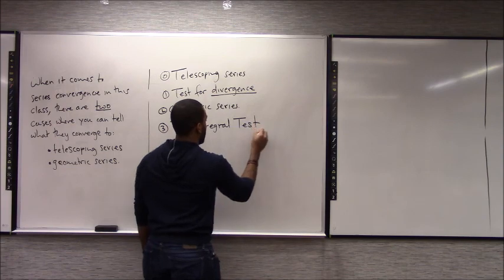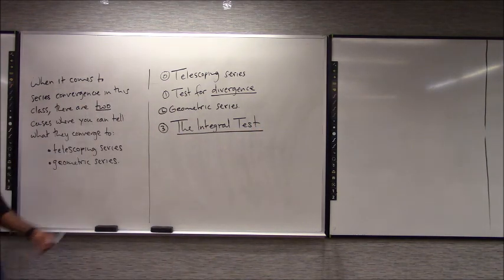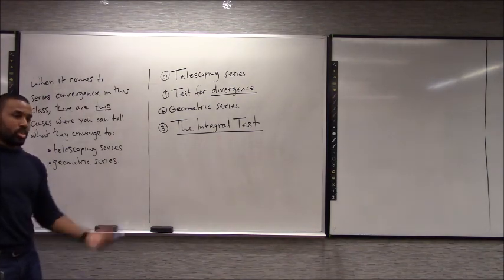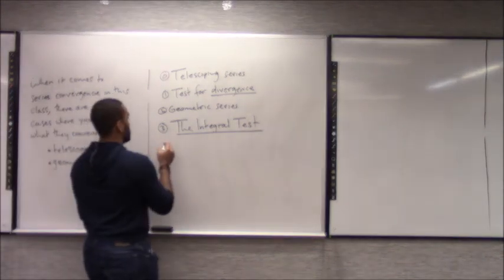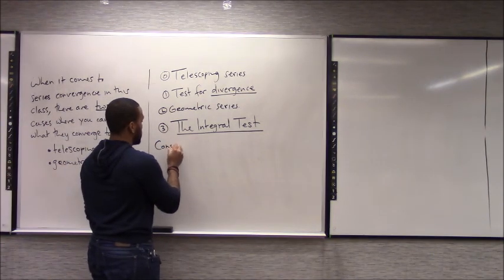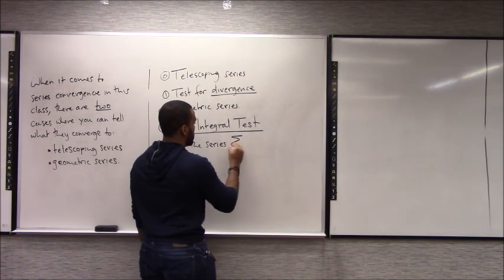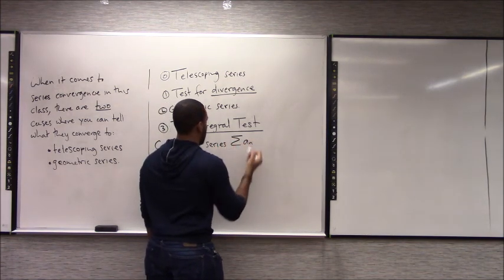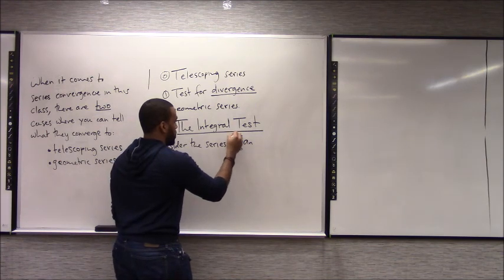There is a series test called the integral test. And this actually uses improper integrals to talk about series, and we're all experts on improper integrals now, so that's good. So consider the series a_n. N can start from 1 or 0 or whatever.